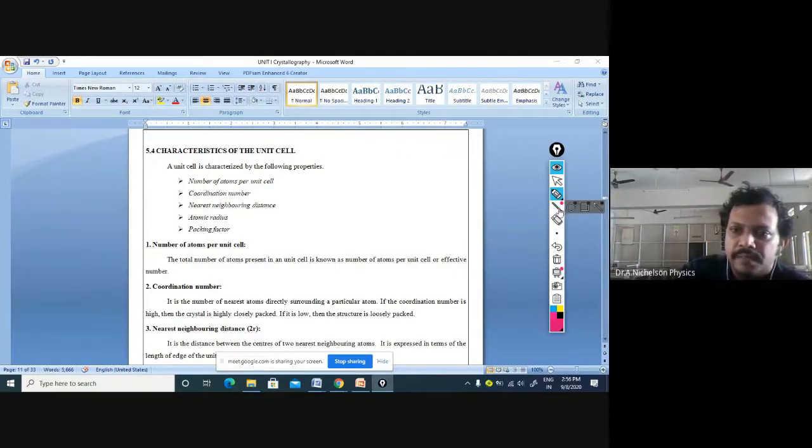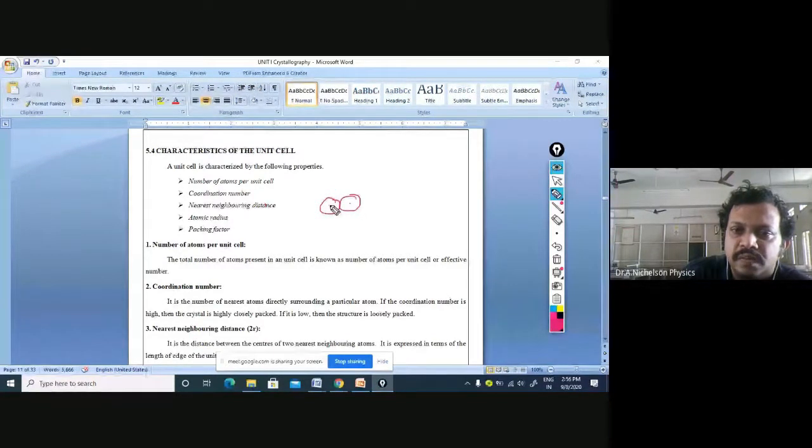And then nearest neighboring distance. Okay, so it is the distance between the centers of two nearest neighbor atoms. So for example, if you have two atoms like this, from the center of this atom to this center, this is the nearest neighboring distance.